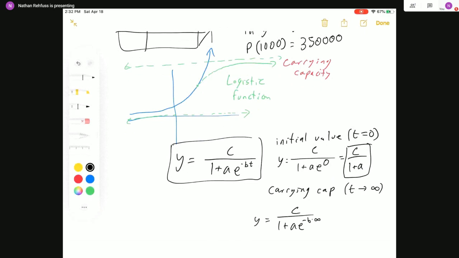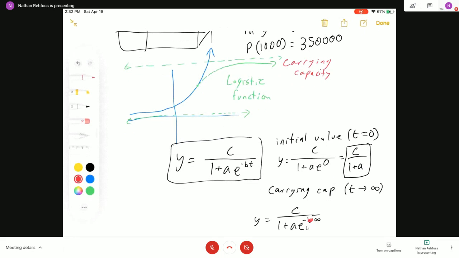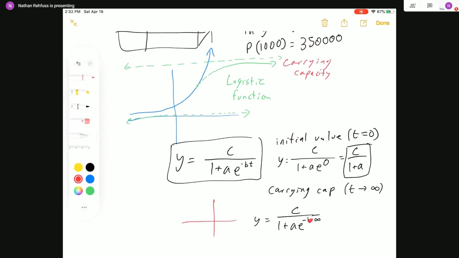Negative b times infinity is really no different than negative infinity. The b doesn't matter. Infinity times b is just infinity. So what does e to the negative infinity look like? Again, I'm abusing notation very badly here. What I really want to know is, if I take the function e to the x, and I take x towards negative infinity, what does y equals e to the x do?